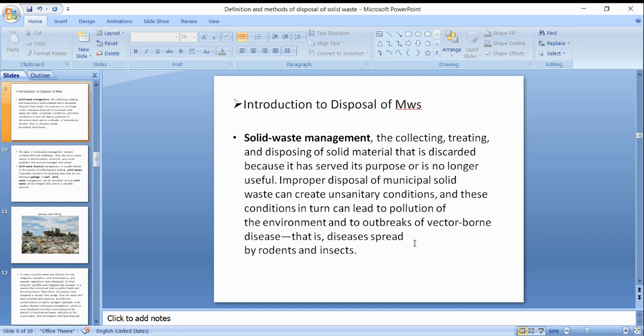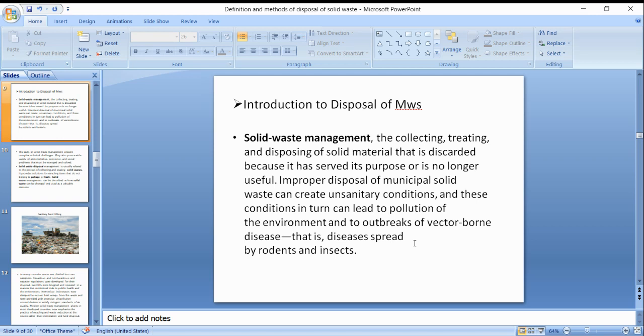So we have seen the separation and the recycling materials. But in that, we have seen that 50 to 60% are composting materials. So what do we mean by composting?